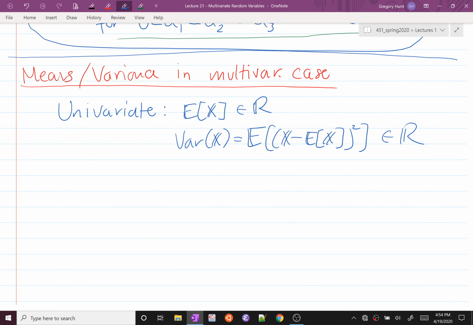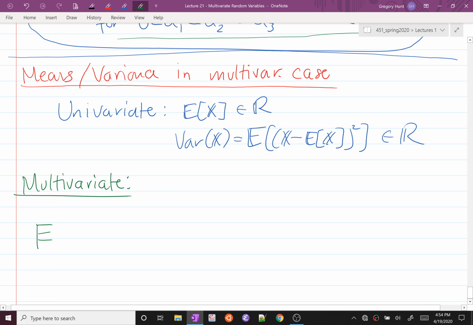And there are. For multivariate, we now get, instead of expected value being a number, the expected value of a random vector, or x tilde. So x tilde, again, is my notation for my random vector x1 to xn. I'm thinking of it as a column vector. This we can define just component-wise.